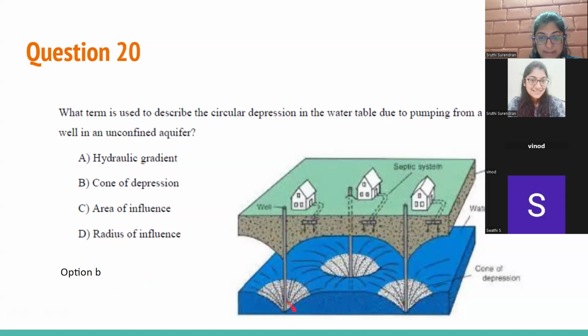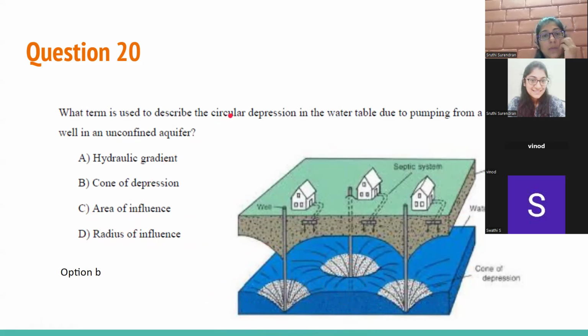This distance between this well and the point until which this curve becomes an asymptote or a horizontal line, and there is no angular difference from the horizontal, is called the radius of influence, and this circular area that is formed as a result of this radius of influence is called the area of influence.